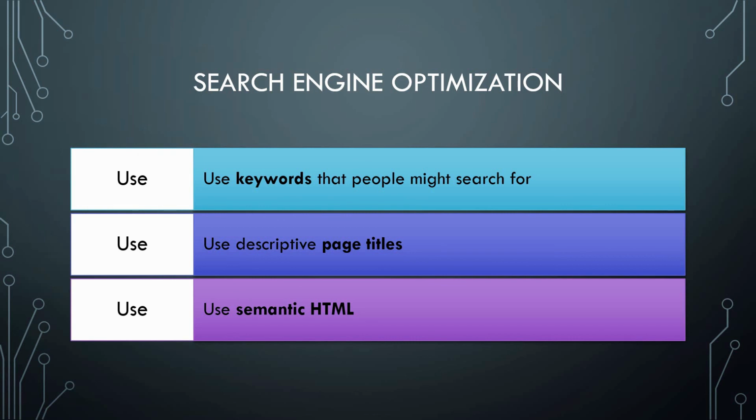A good example I'd like to use for this is the idea of looking for help with your car. For example, my husband used to work as a mechanic, and he liked to call himself an automotive technician. But if somebody was experiencing car trouble and they wanted to see how to get their car fixed, if they were to go into a search engine, rather than typing automotive technician, they're probably going to use words that are more common, such as mechanic.